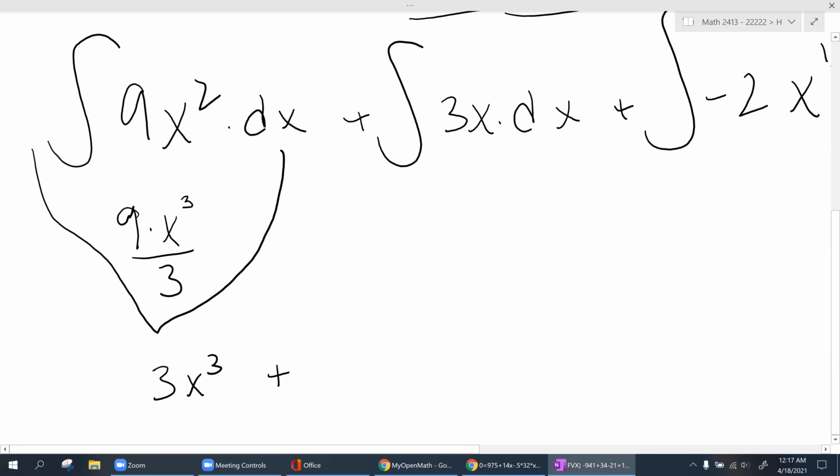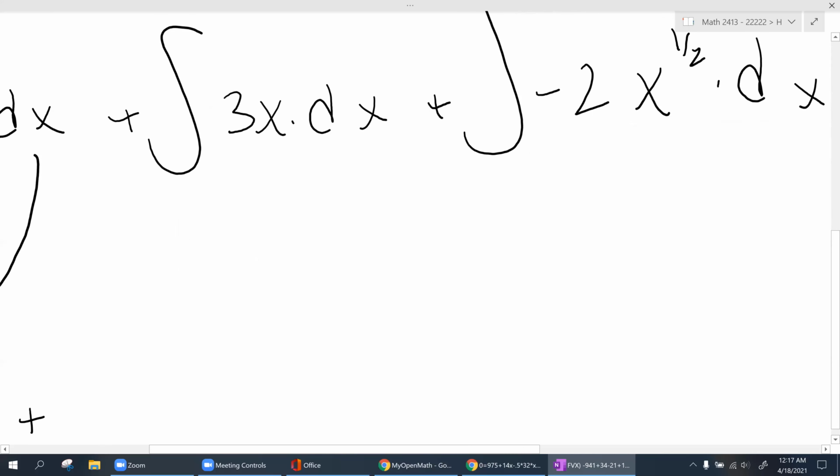Plus, let's go ahead and move to this one. One great thing that you can do whenever you're integrating coefficients is factor them out. So technically, this is just 3 times the integral of x dx. You're going to see the benefit in that.